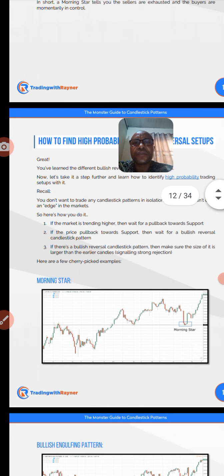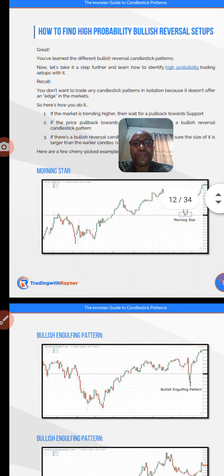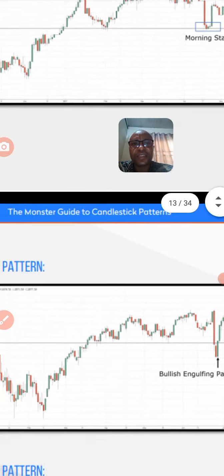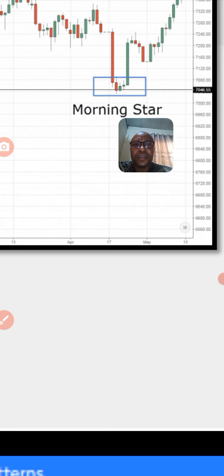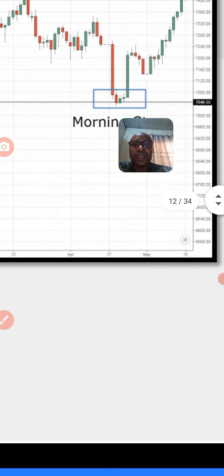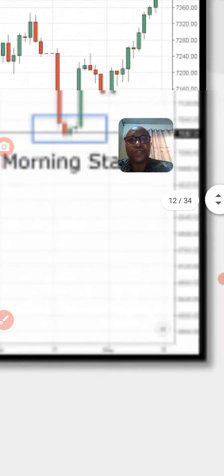Okay, how can we find a high probability bullish reversal? Look at this chart. If you look at this now, this is at a support area. So immediately you see this type of candle, is that not the same thing we talked about? Then it shows that the price will go up. And now look at that particular candle that we talked about.